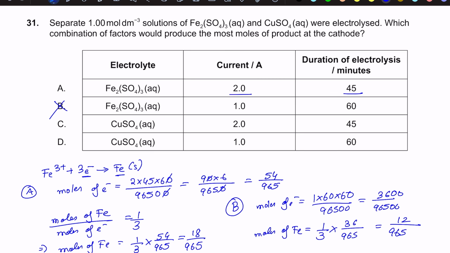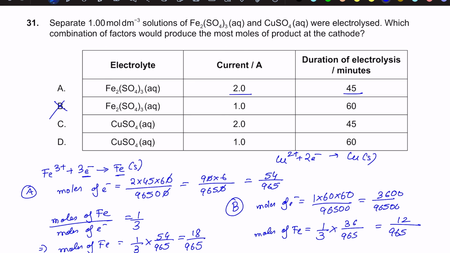Now moving to the next two options, CuSO4. In CuSO4, your major reaction is Cu 2+ plus 2 electrons gives you Cu solid, right? For option C, your moles of electrons will be equal to the moles of electrons of option A, same amount of current, same duration, 54 by 965.